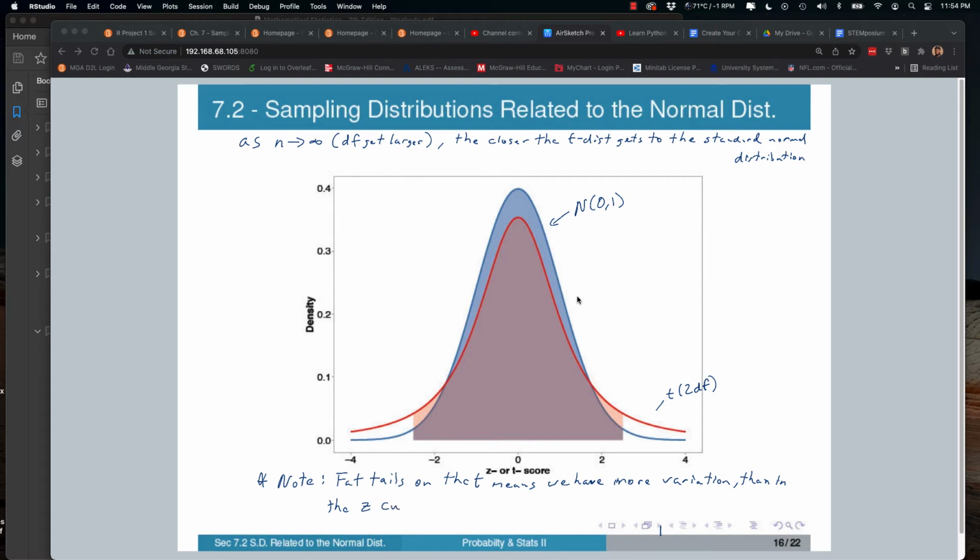So basically the t has more variability than the z. All right, so that changes a lot of things around.